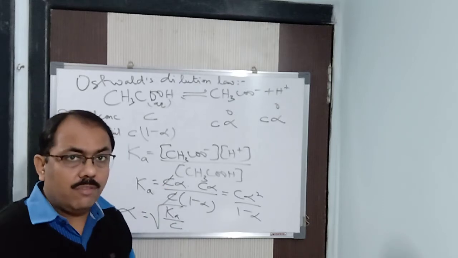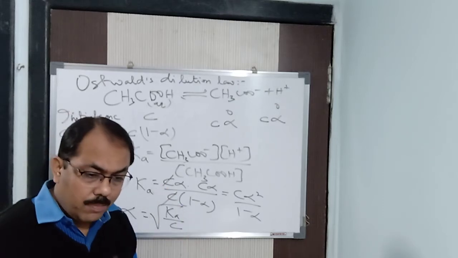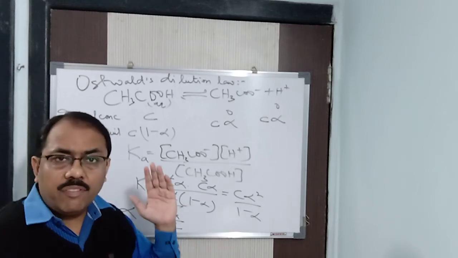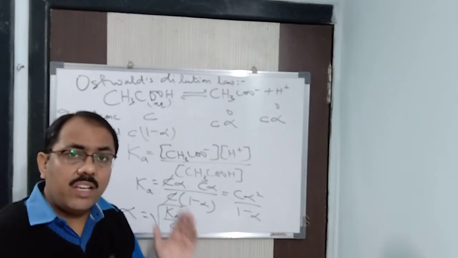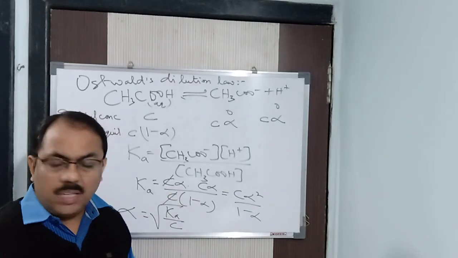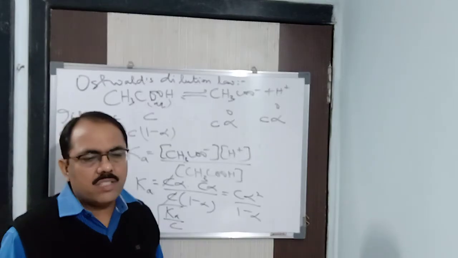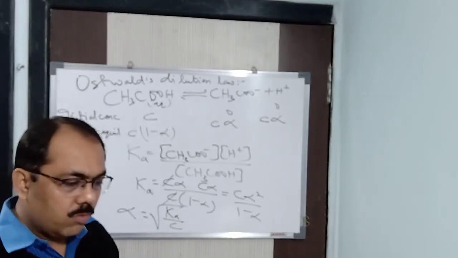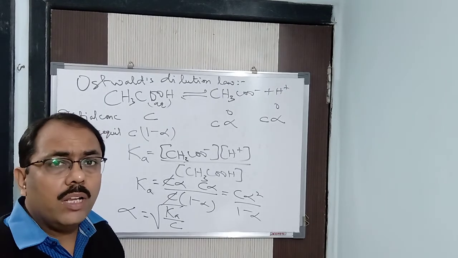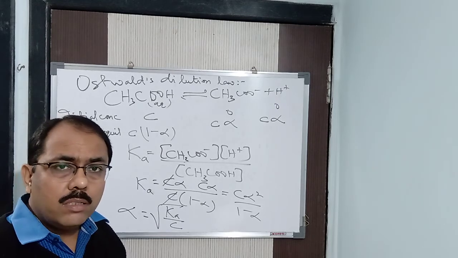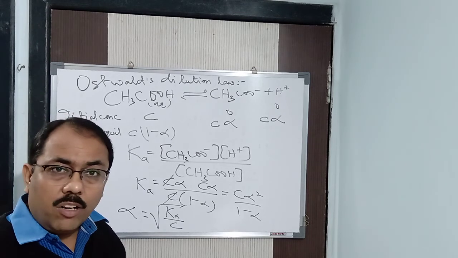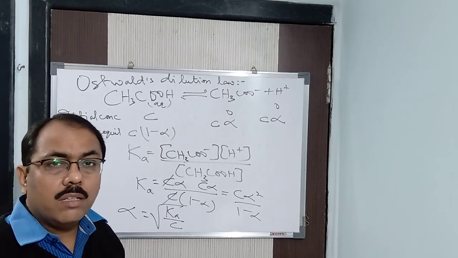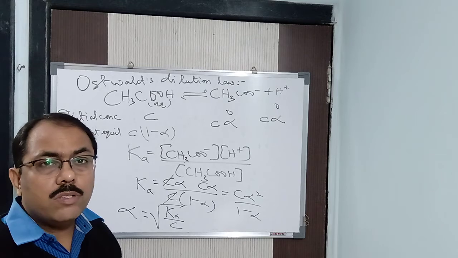You may note this down. Suppose the value of alpha is given as 0.32. Then 0.32 into 100 gives 32 only, so there it will not be negligible. But if it is given as 0.032.